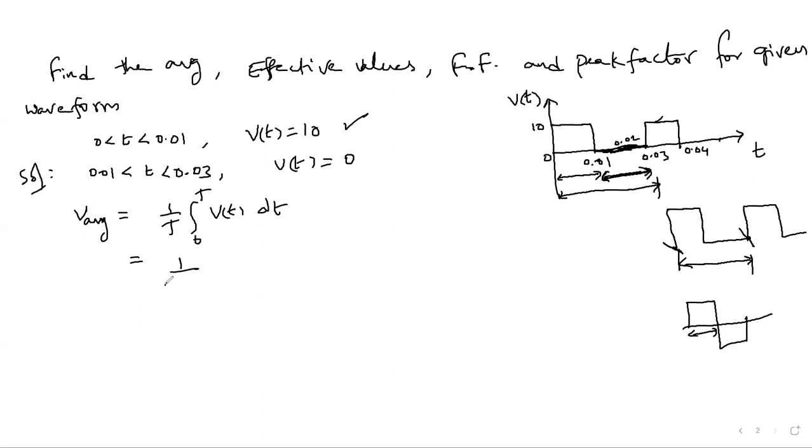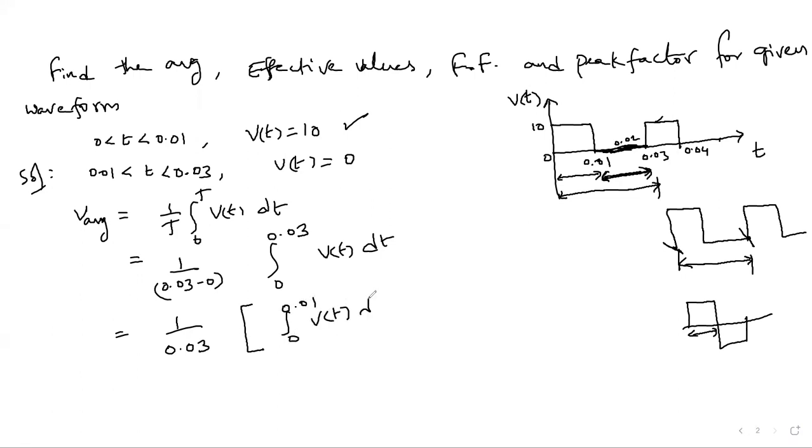Now the time period I have to consider up to 0.03. So 1 by 0.03 integral, I will write 0 to 0.01 V of t dt plus 0.01 to 0.03 V of t dt, so that you can understand the time period elaboration. Understood up to this step?